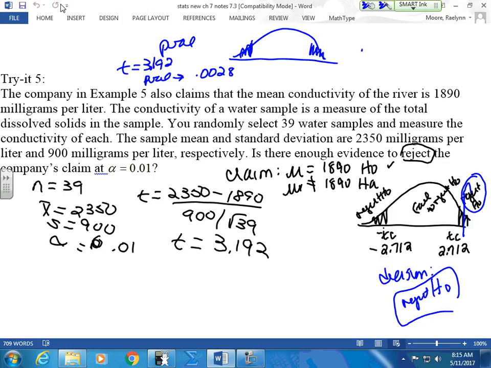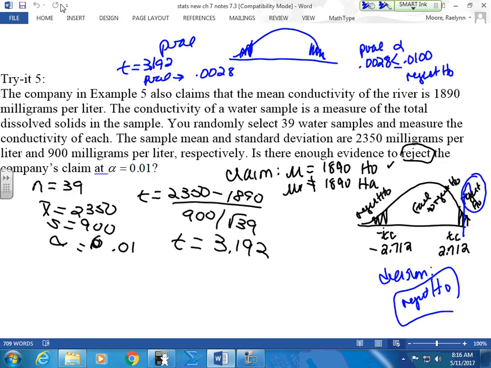The calculator did this. P-val, level of significance. 0.0028, 0.01. And this is less than or equal to this. So my decision is still reject H0. Okay? Make sense?